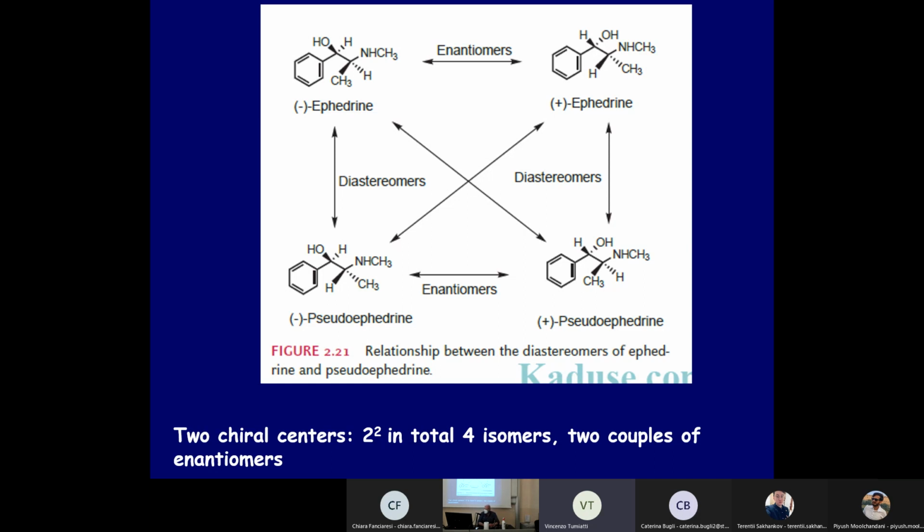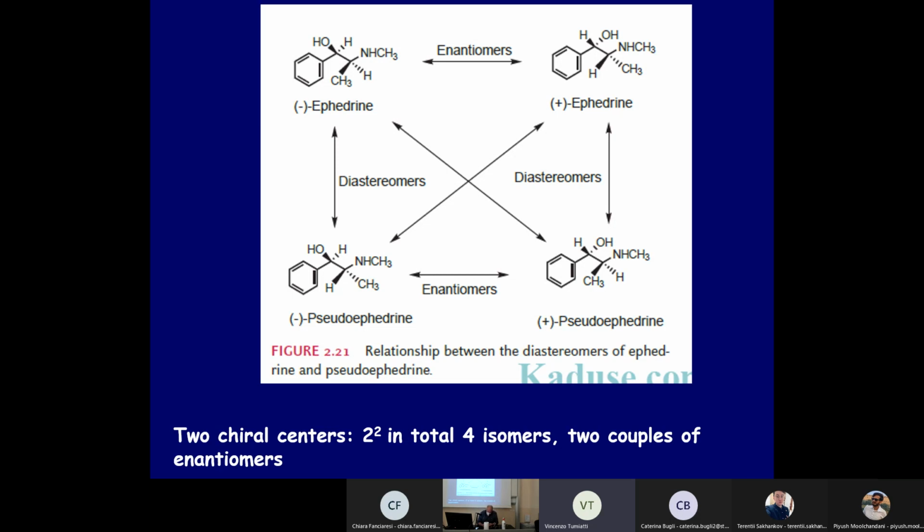All properties are the same, except the ability to change the direction of the polarization plane. And you see another term, diastereoisomers. Isomers, we say enantiomers, diastereoisomers, okay.